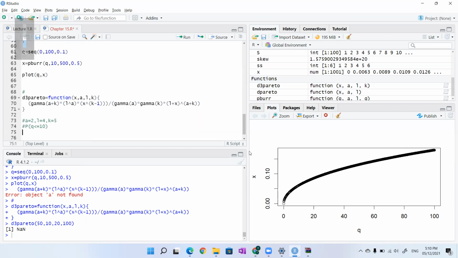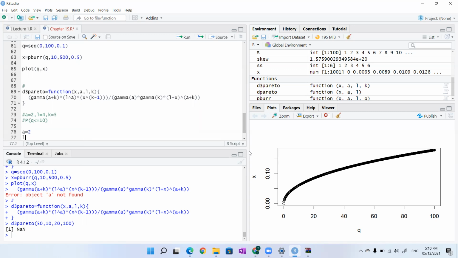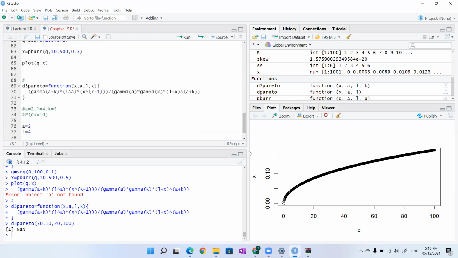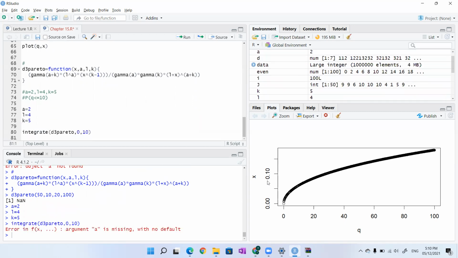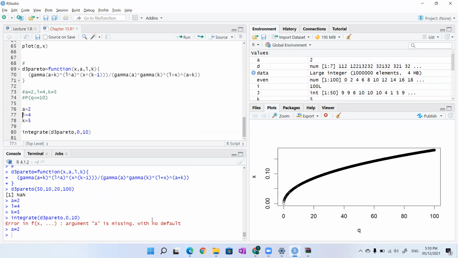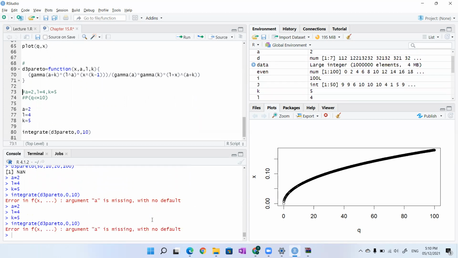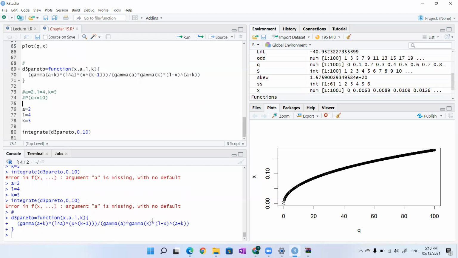Let me write what A is, what L is: A is equal to 2, L is equal to 4, and K is equal to 5. A is missing.